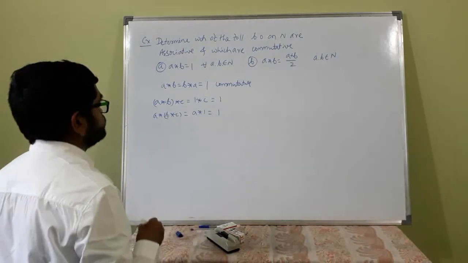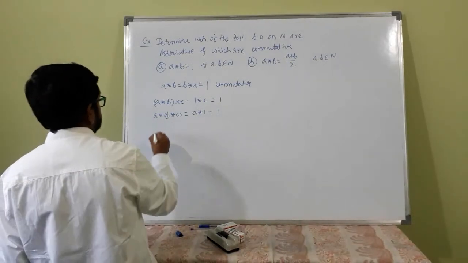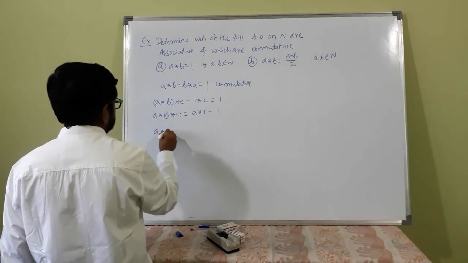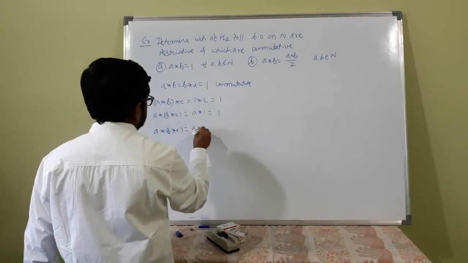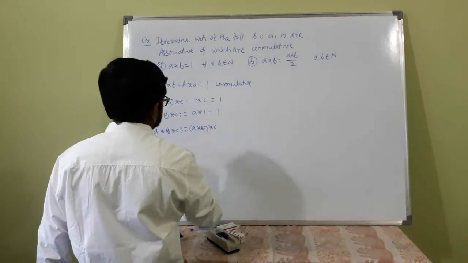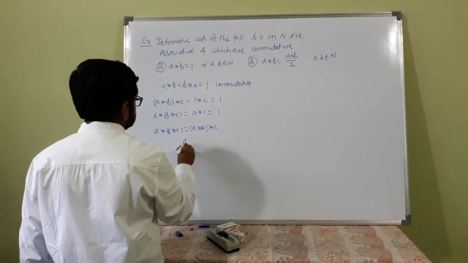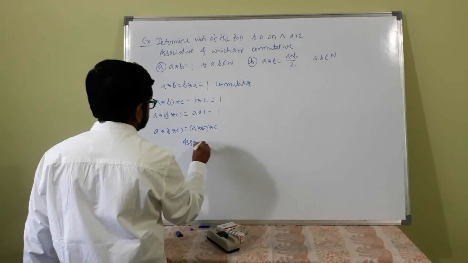So (a star b) star c is equal to a star (b star c). Therefore, this is associative.